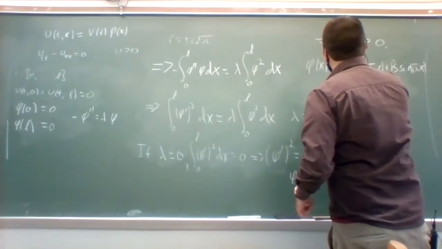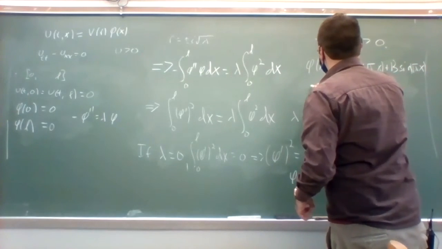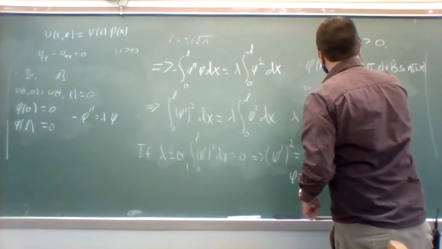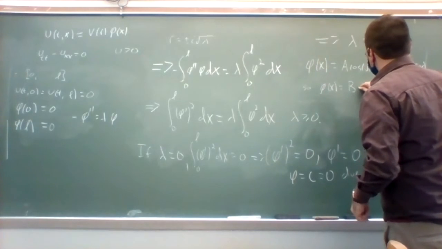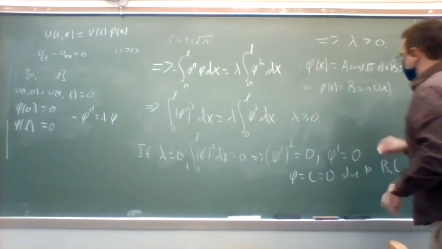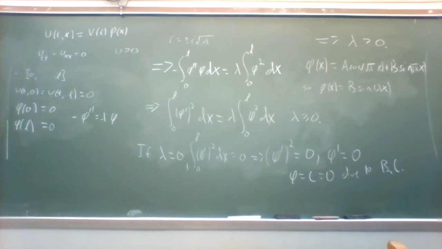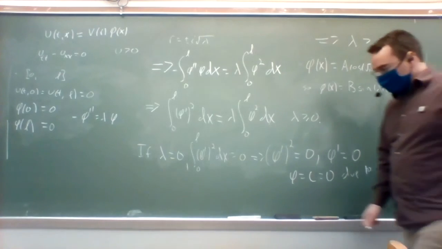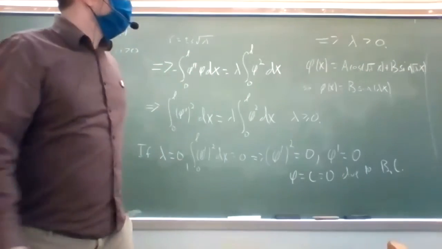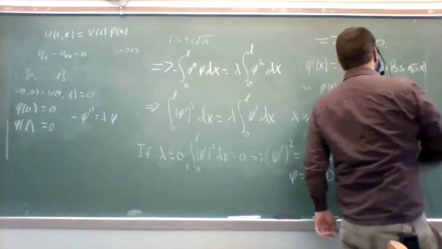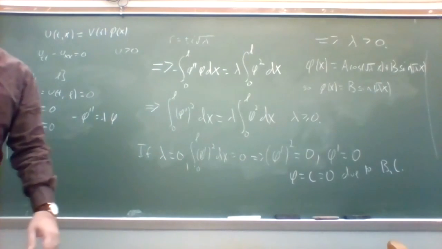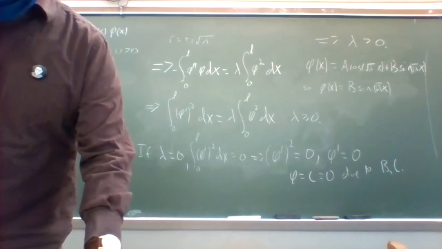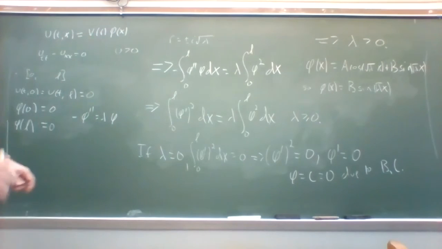So the general form of the solution is constant times sine of root lambda x. So if you like, sine of root lambda times x is like a basis for the space of solutions to that equation that satisfies the initial conditions.